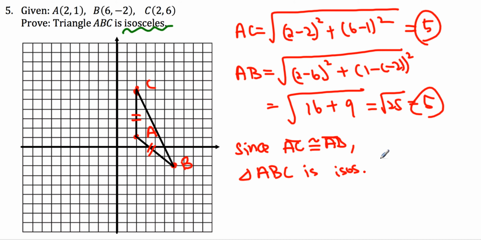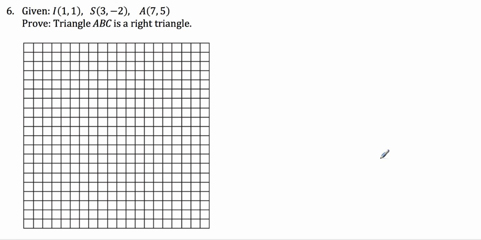All right. So let's look at the next question, number 6. Here we have, actually triangle, I meant ISA. ISA is a right triangle. Because this is a right triangle, what are we going to use? We're going to use the slope. Let's try to plot that triangle first.